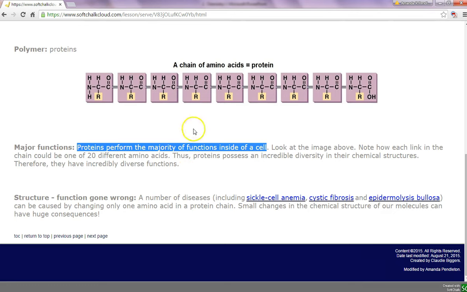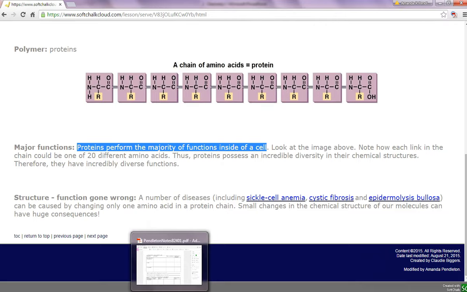Most of those things somewhere are going to involve a protein. Okay, and that's because you've got 20 different amino acids, 20 different monomers, subunits to choose from, and you can make a whole bunch of different structures, all with unique functions.